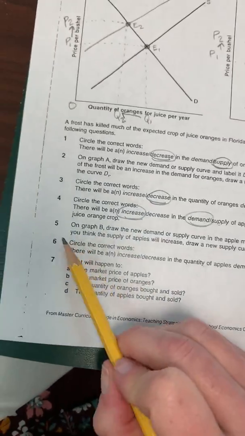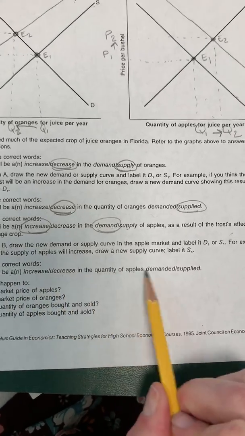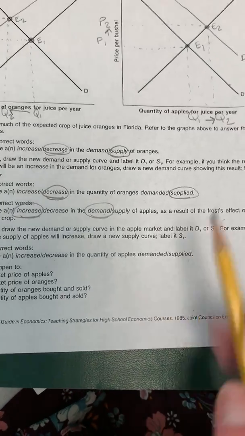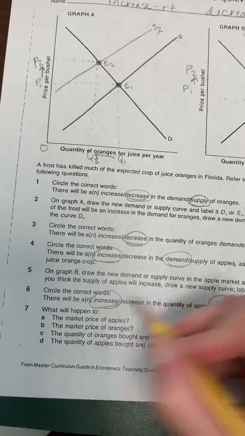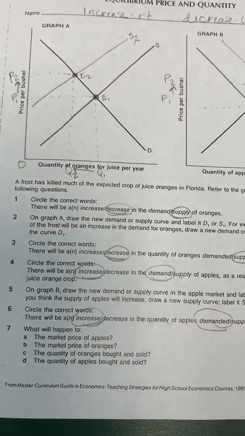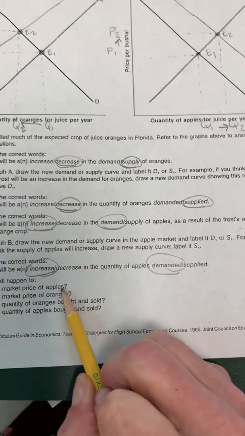Okay, so we just did number 5. Number 6 says, circle the correct words. There'll be an increase or decrease in the quantity of apples supplied or demanded, and we know it's demanded. And based on this, quantity went up. So there's an increase. Okay, now, based on what we've drawn in, what will happen to the market price of apples? Apples went up.